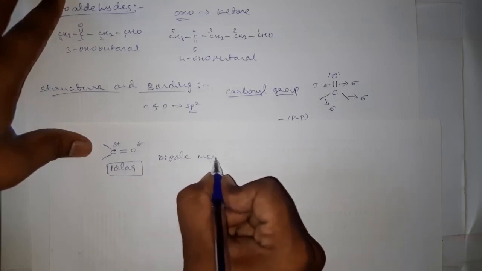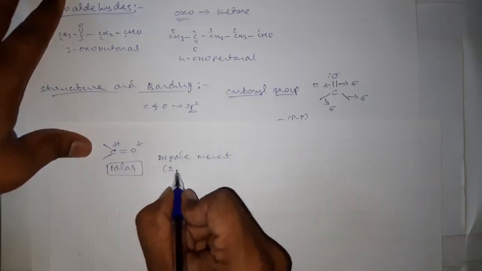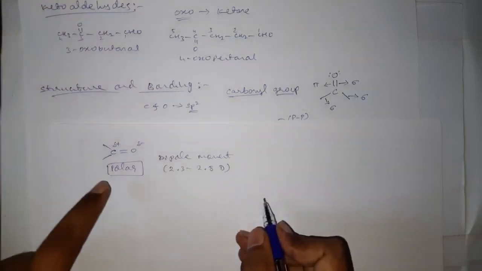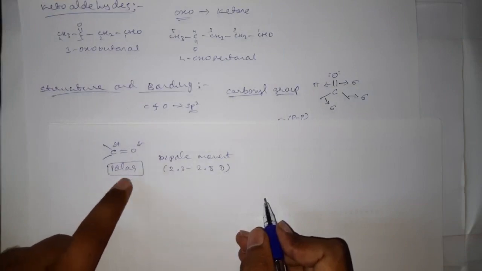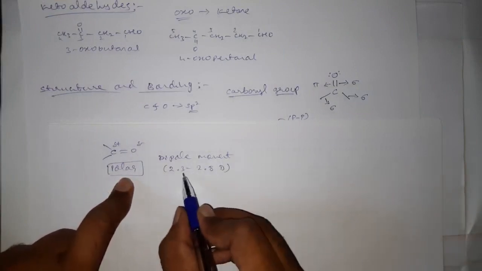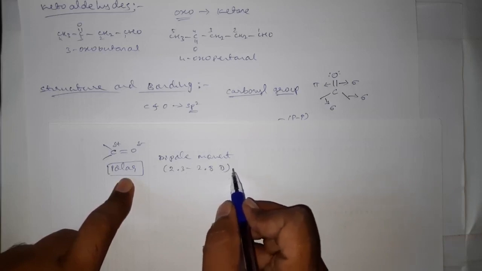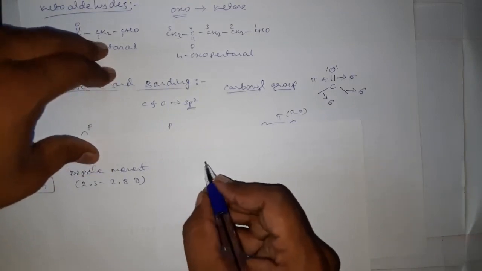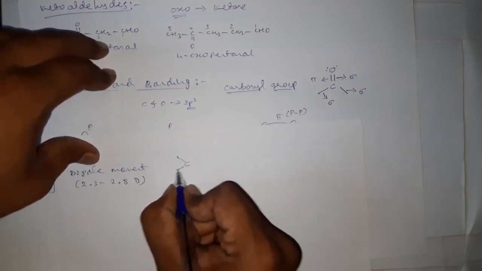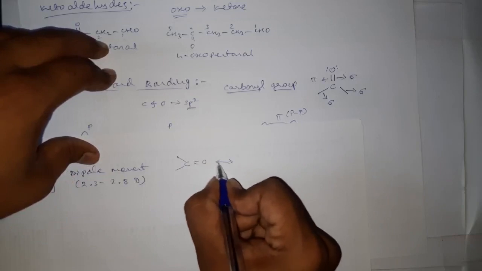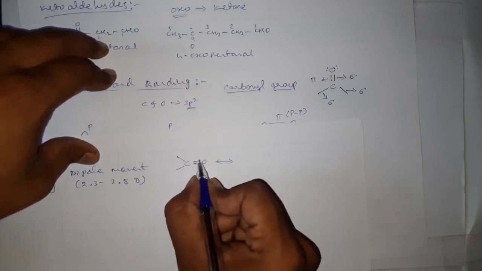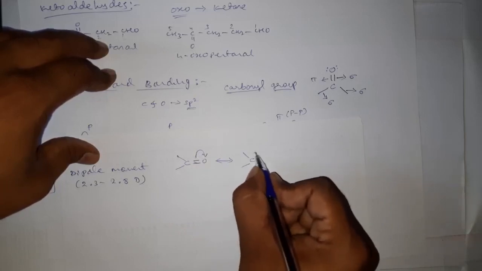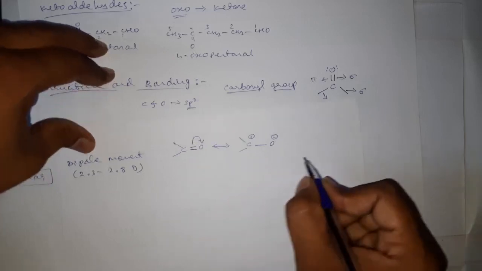It has a dipole moment in the range of 2.3 to 2.8 D. This carbonyl group is a polar group with a dipole moment of 2.3 to 2.8 D. Okay, and the polar nature of this carbonyl group can be indicated by resonance structures of this type: double bond O, and here the pi electrons will move towards the oxygen, and hence the carbon will get a positive charge and the oxygen will get a negative charge.